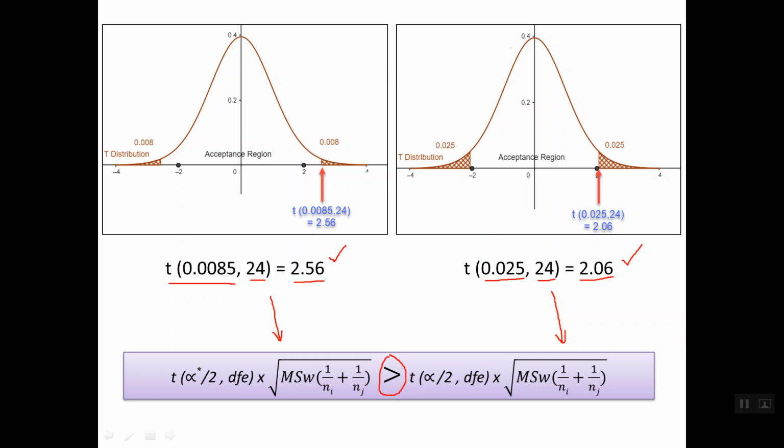So this is the reason why the Bonferroni test is considered a conservative test.